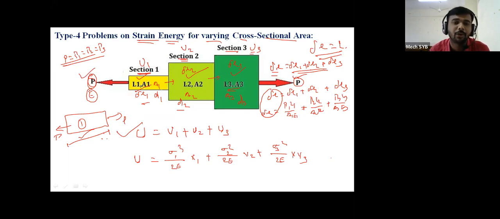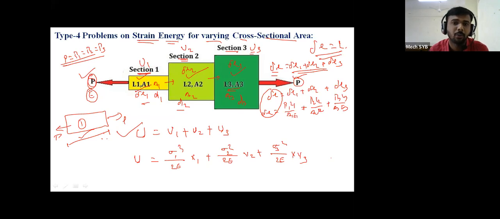Means if your cross sectional area is varying, then the amount of strain energy stored in that particular section also varies. If your cross sectional area changes, then according to that change in cross sectional area, the amount of energy stored in that section is also variable. Therefore the strain energy in section number 1, 2 and 3 is different. Why?